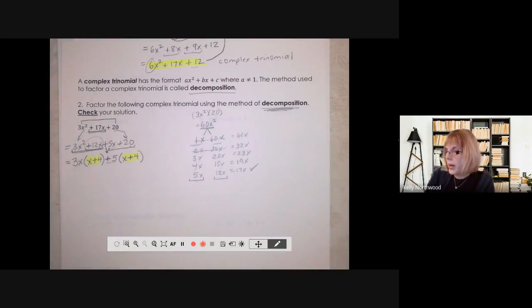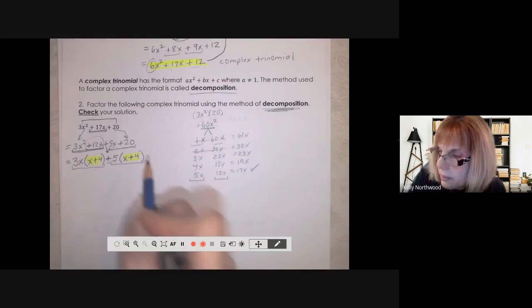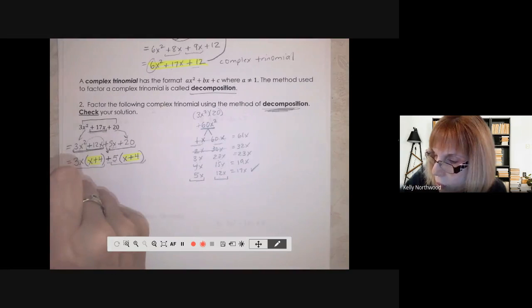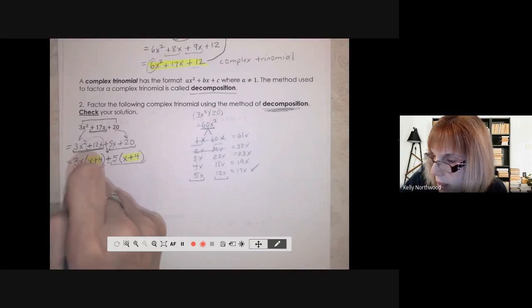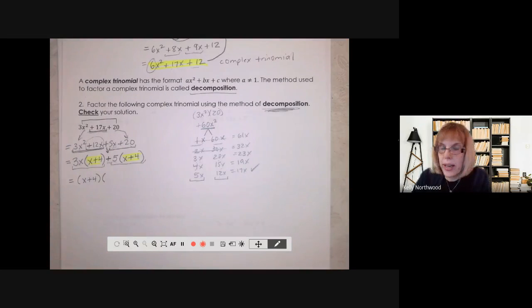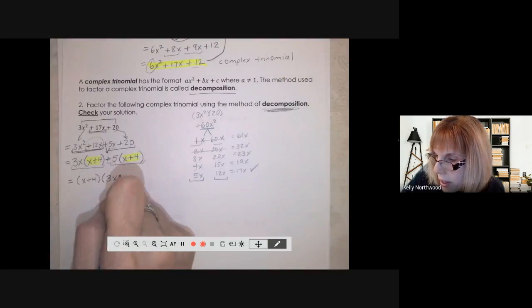Okay, so you get this binomial common factor. So right now you've got two big terms, or two big chunks, and they've got this binomial x plus 4 in common. So that's my common factor. And then just like in grouping yesterday, the leftovers, 3x plus 5, form the other factor.